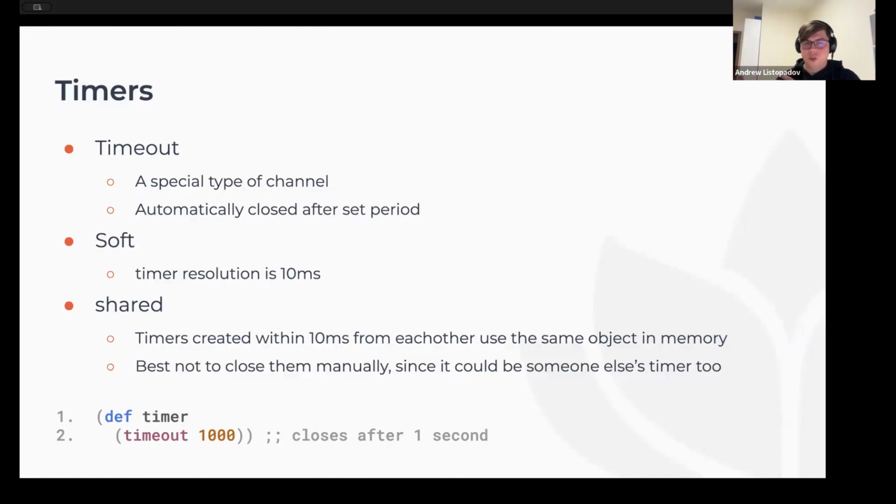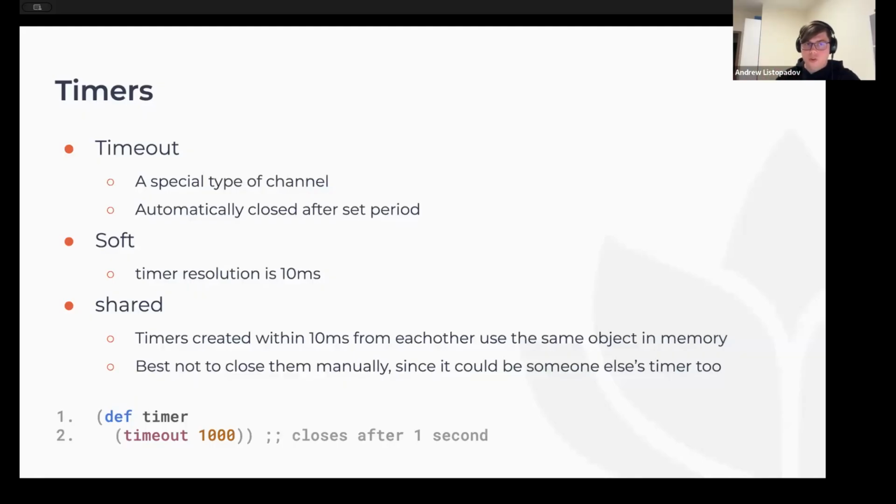Their resolution is limited to 10 milliseconds, which means that when you create a lot of timers in quick succession, if these timers have the same amount of time they have to sleep before they close, and they are created within a 10 millisecond interval from each other, they will use a shared object between all of them.